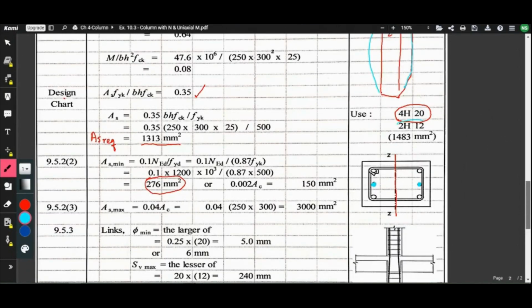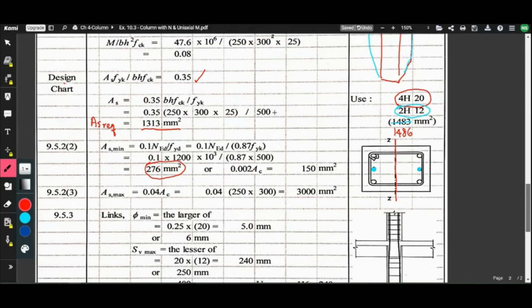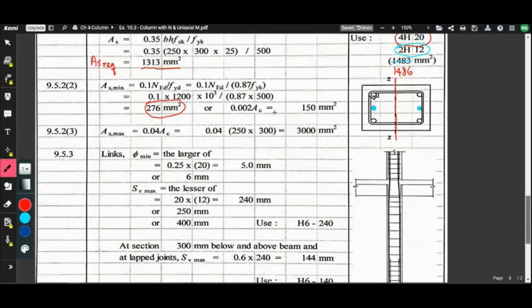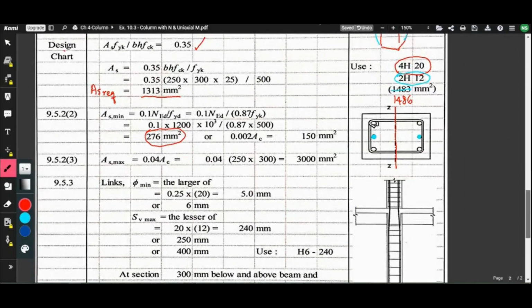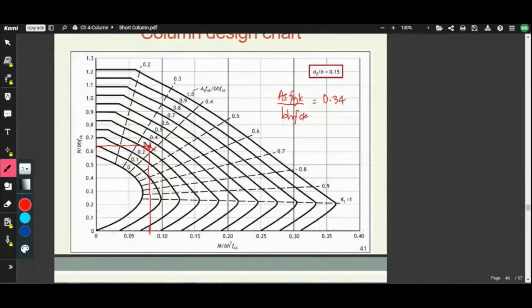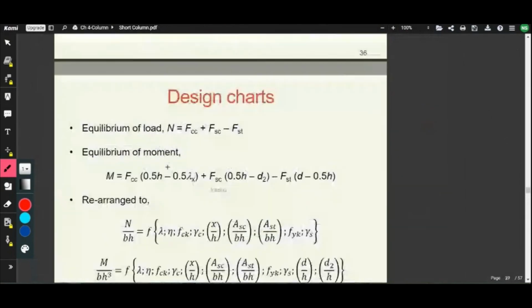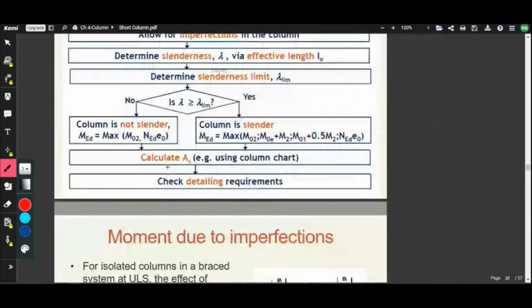So for 2H12, total would be 1486 mm square. For the column, as stated in the lecture notes, the minimum bar size is 12 mm.